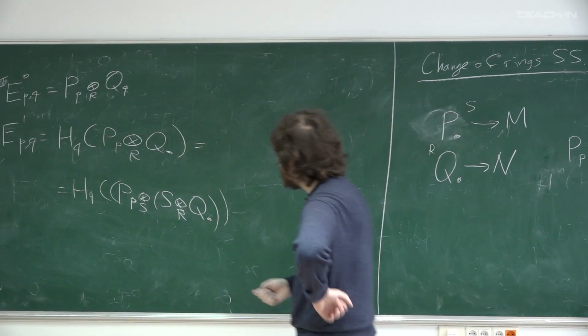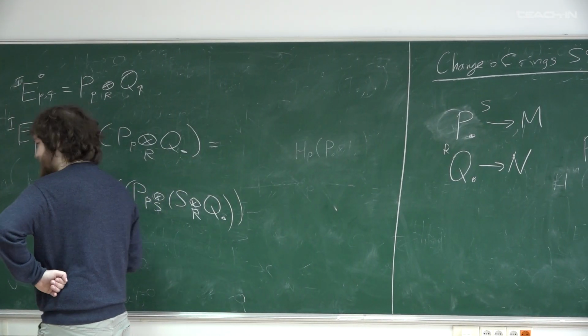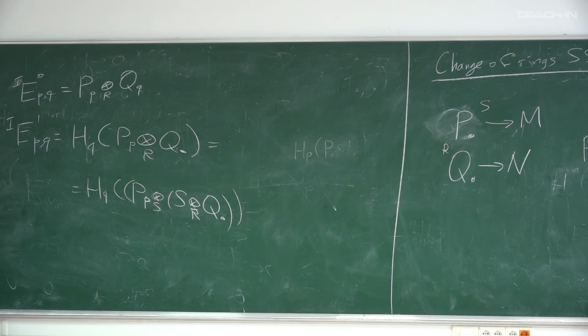And now P is S projective, so I have zero Tor, because I don't know Tor over R of P and something, because I don't know what P is as a module over R, but I know that P is S projective.